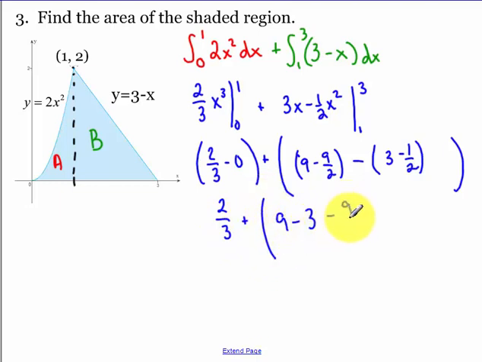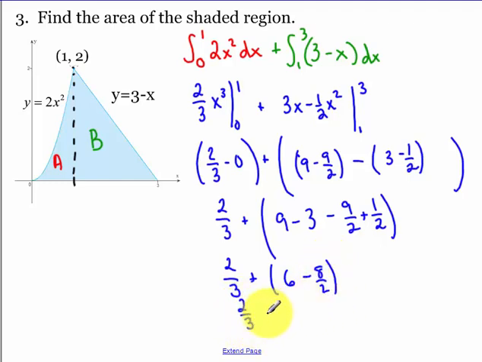I have a negative 9/2. Looks like we have a plus a 1/2. So that simplifies to 2/3 plus, I have a 6 minus 8/2, which is 4. So I have a 2/3 plus 2. That gets me 8/3.